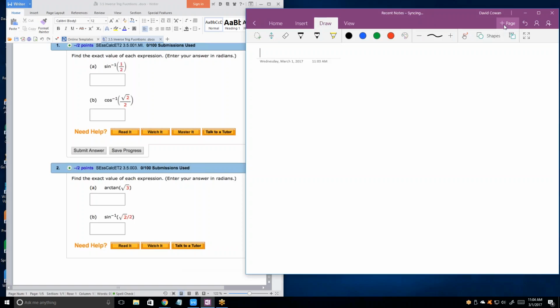At least you'll be able to check, make sure that the answers we come up with are the ones that you want. So, to answer this first question, I need to know the sine of what angle is equal to 1/2.